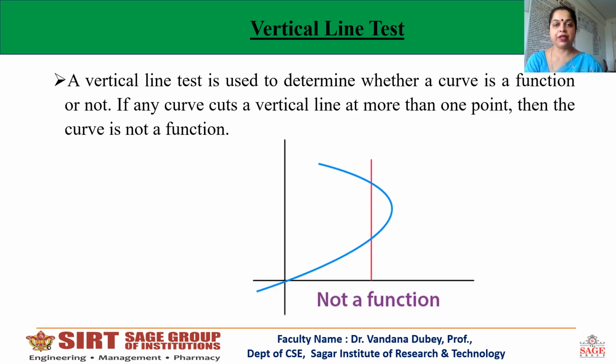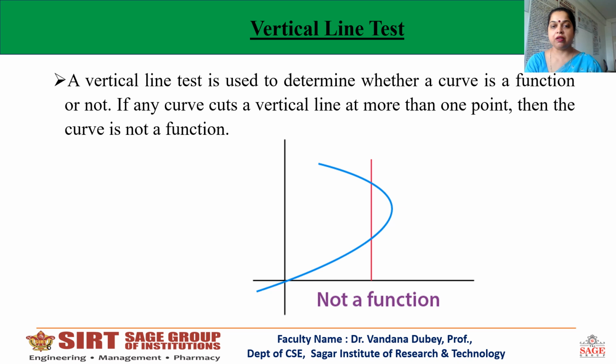There is one vertical line test which determines whether the curve or the relation is a function or not. Let's say we are making a function between two variables. Now represent these variables on the two axes and represent the function through a curve.